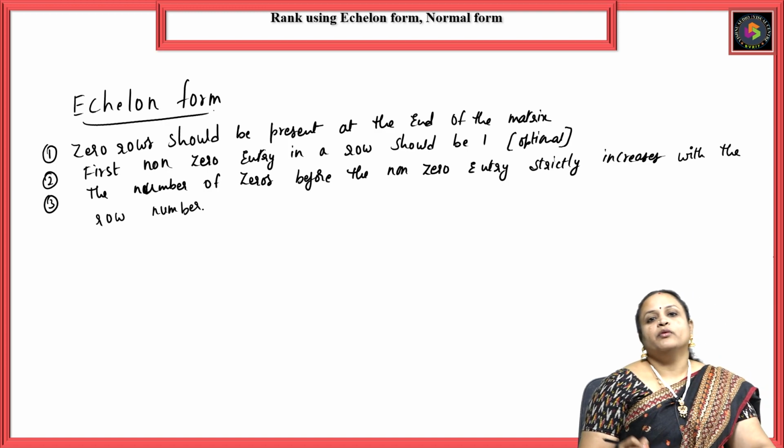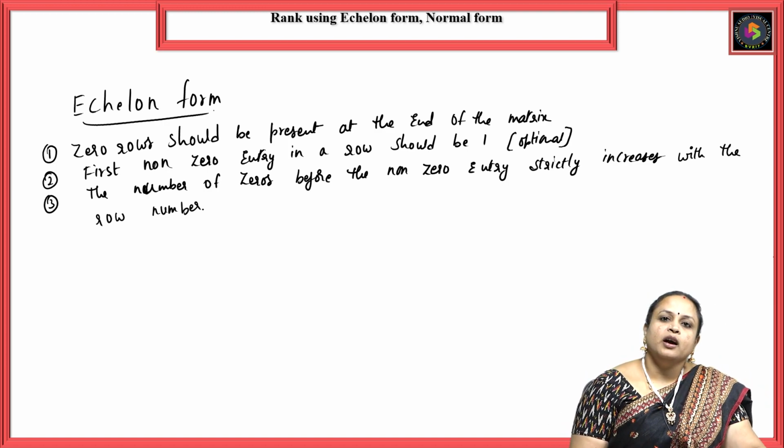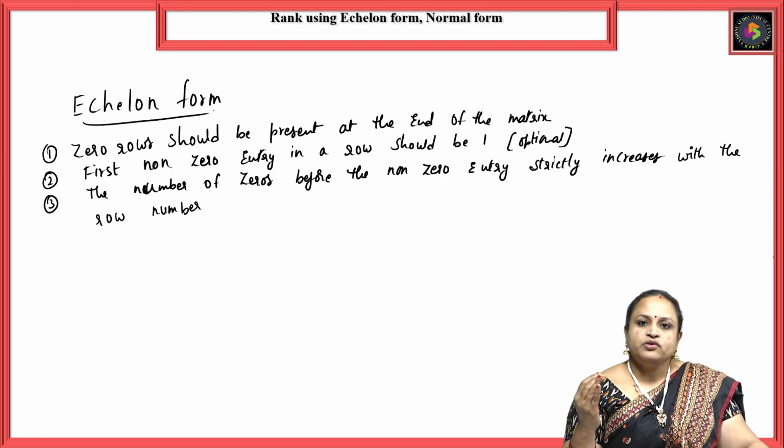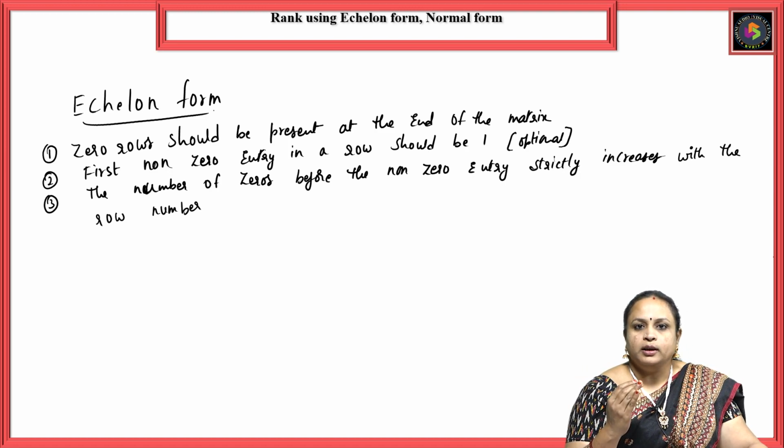That means from the first row to the last row, the number of zeros before the non-zero element should be strictly increasing.